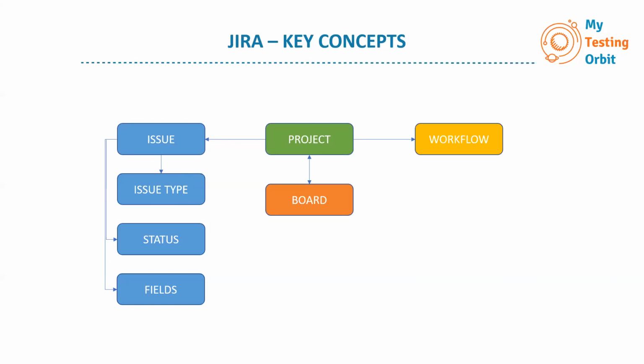As I said, an issue can be an epic, so that's basically an issue type: we have an issue and the type of that issue is an epic. Then we have a type of issue which is a user story, or a bug, or maybe a task or a subtask. So these are all issue types.